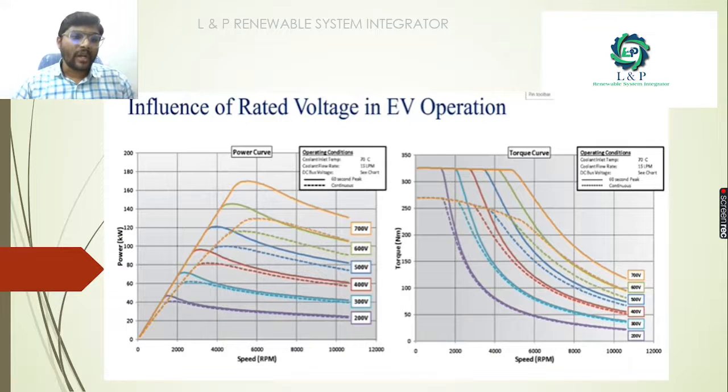To know the influence of rated voltage in the electric vehicle, see here we have speed and power under different conditions. When the voltage was at 200 volts, see the curve, it tries to achieve the maximum and maintain consistency, but it gets reduced at 200 volts.